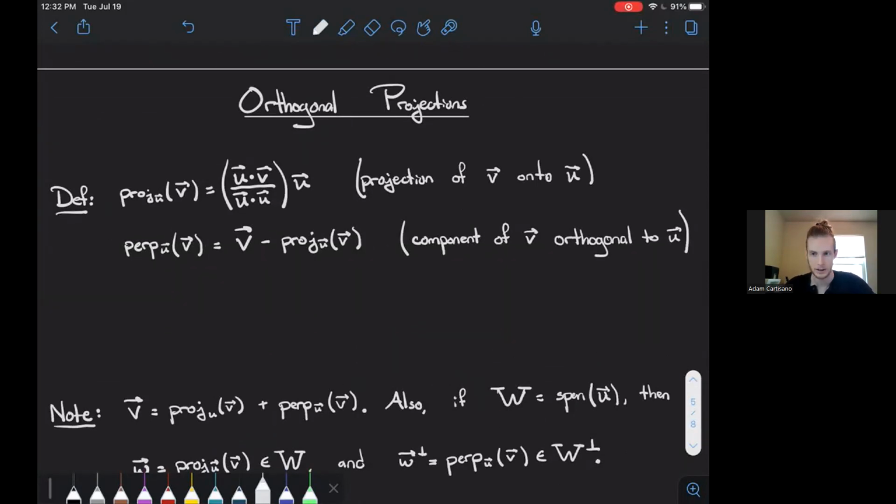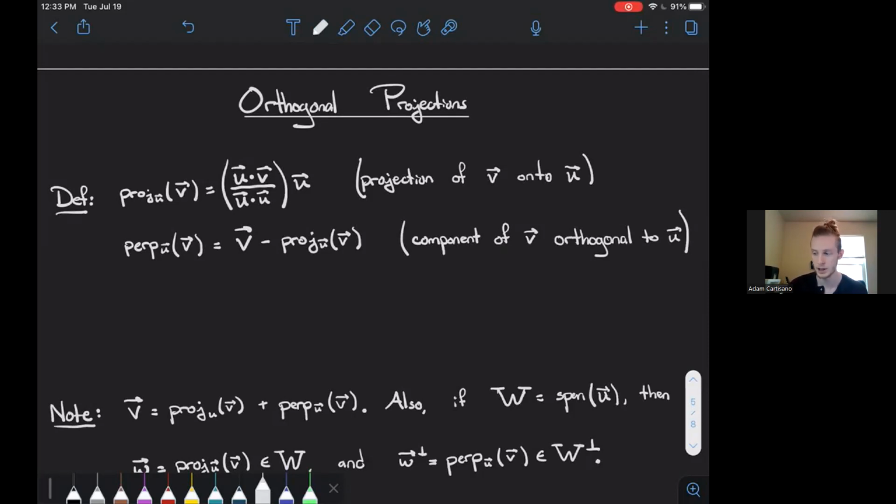There is a related topic, orthogonal projections, which is going to be a tool that we use moving forward. Projections are going to be very useful when talking about orthogonal bases, orthonormal, Gram-Schmidt. We haven't talked about Gram-Schmidt orthogonalization, but we will.